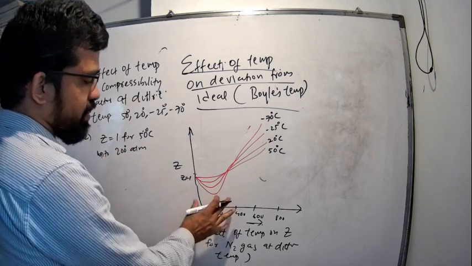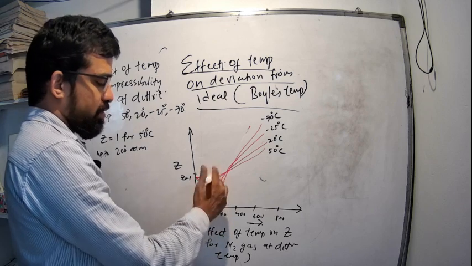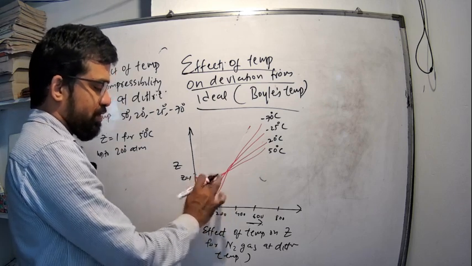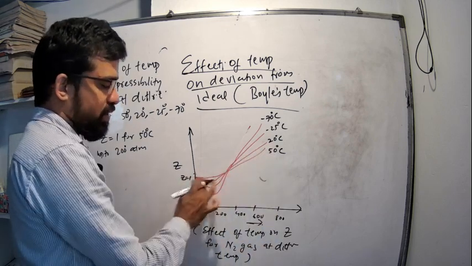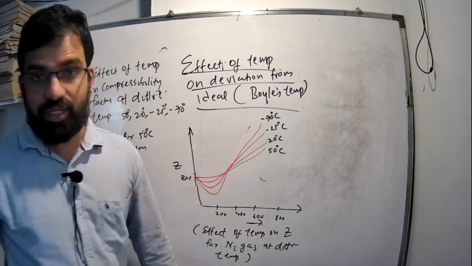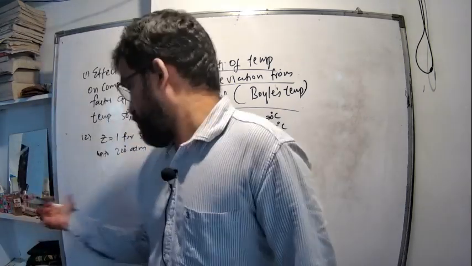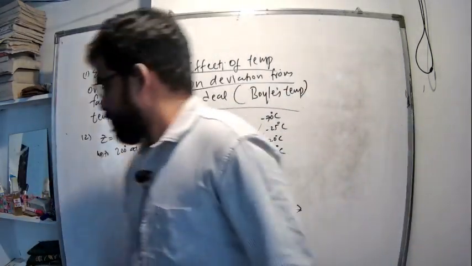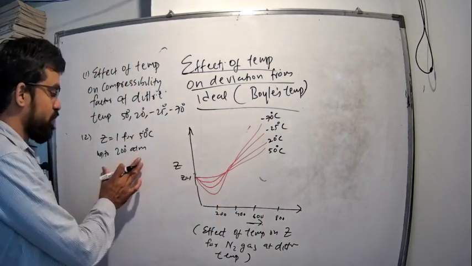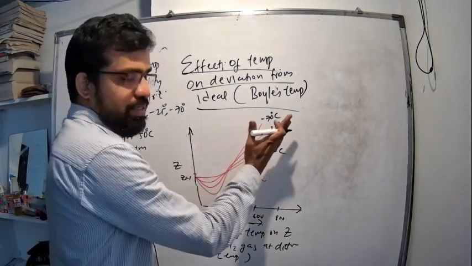In this region the 50 degree plot is unity, up to 200 atm, after that Z is greater than 1.